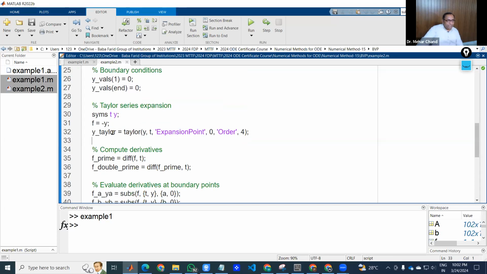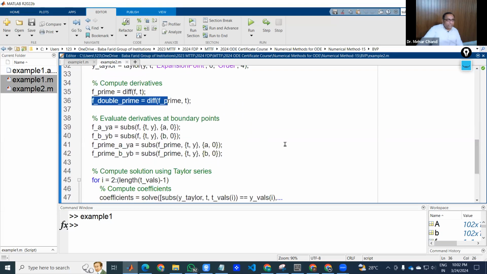Okay, and then after, we have f is equal to minus y. The problem which we have is dy upon dt is equal to minus y. We are using the Taylor series expansion. First we need to create f prime and f double prime. These are the same steps. Then after, you need to calculate the derivative at the boundary points.